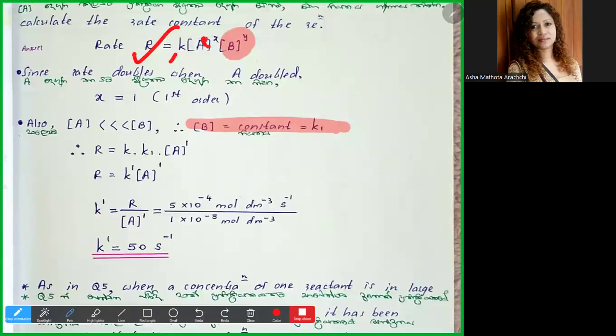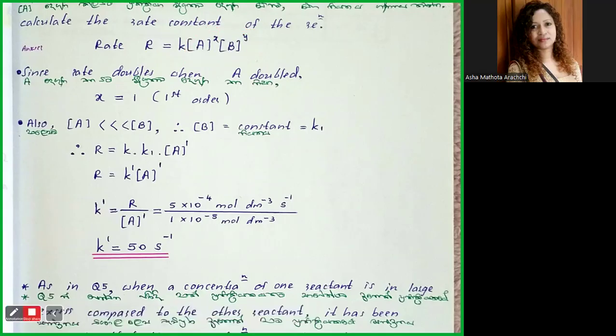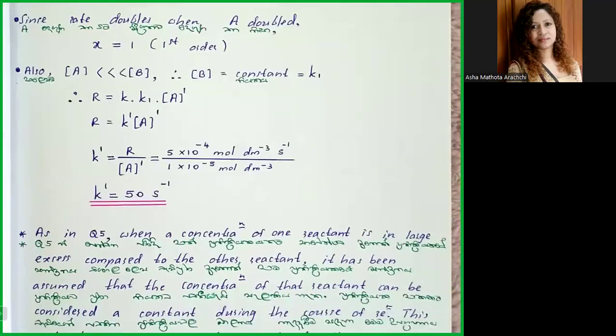So that's how we are planning these experiments to find order. When you have two components, we make one constant, then we can find the order with respect to the other. Clear? How much space should we leave? More than half a page.